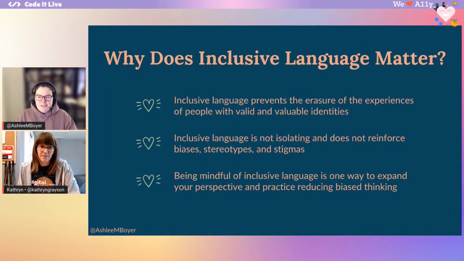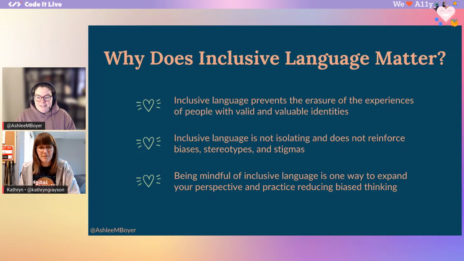So why does inclusive language matter? Inclusive language prevents the erasure of the experiences of people with valid and valuable identities. Language that isn't inclusive closes the conversation to hearing about marginalized experiences, and we can't really build anything successfully for people without acknowledging those experiences.